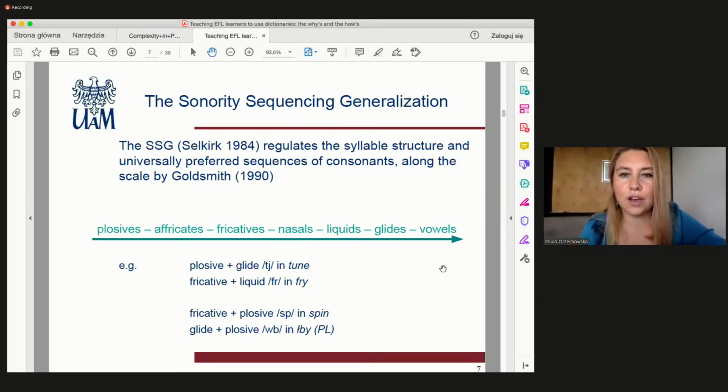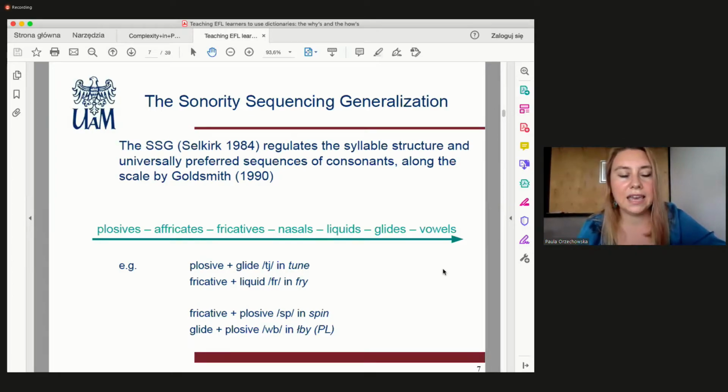Okay, so just a brief overview. I think we're all familiar with the sonority sequencing generalization, but just to remind us what it predicts, namely the rising sonority slope in onset and falling sonority slope in coda position.